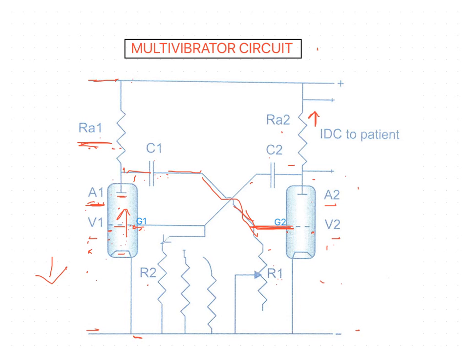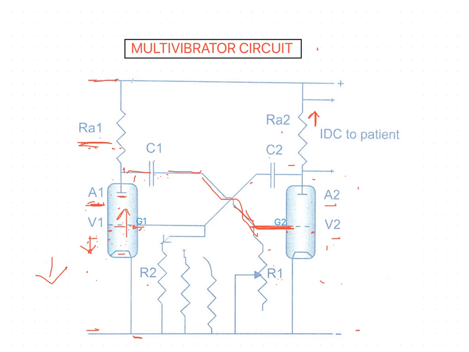The process continues. How long is this process going to continue? The process continues until G1 is so negative that V1 ceases to conduct. That means this will continue until the complete stoppage of the flow of electrons takes place in V1. So A1 is then at the same potential as the positive supply line.